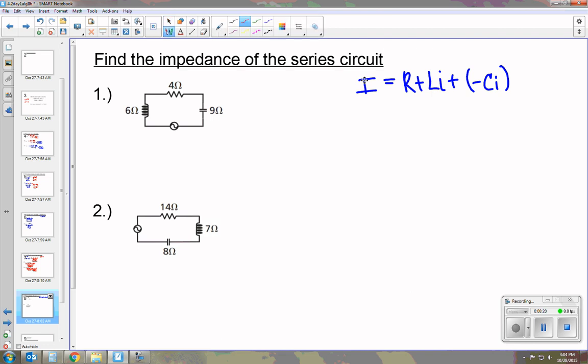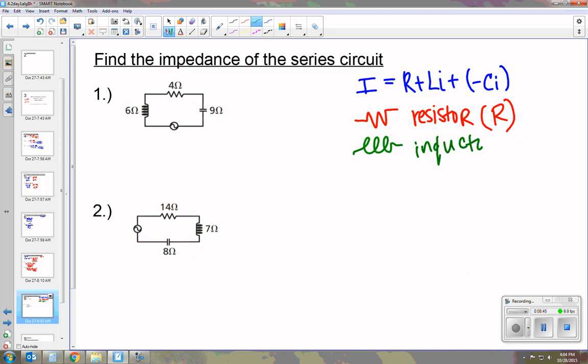Well, our first one, we have to match up those shapes. That is our resistor, which is our R. We have kind of the loopy one, which is going to be our inductor, which is going to be our Li.